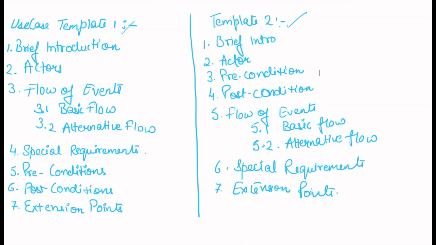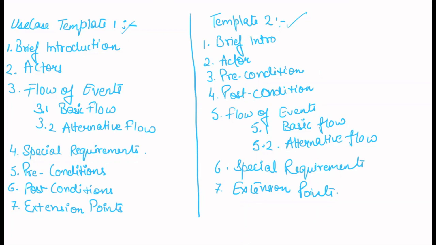Next is the preconditions, the conditions that need to be satisfied for the use case to execute. Now the next is the postcondition. In postconditions we mention that after the execution of the use case, different states of the system are defined. Now the last is the extension point.